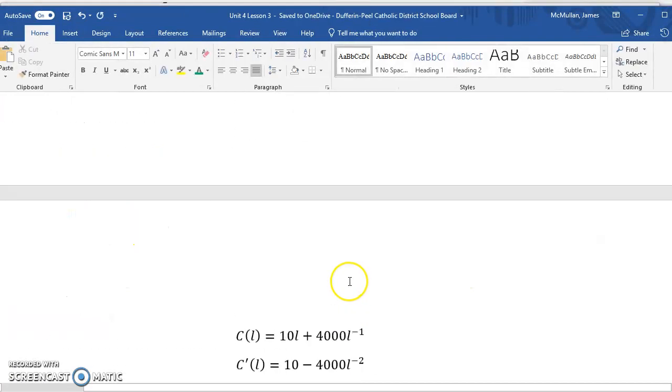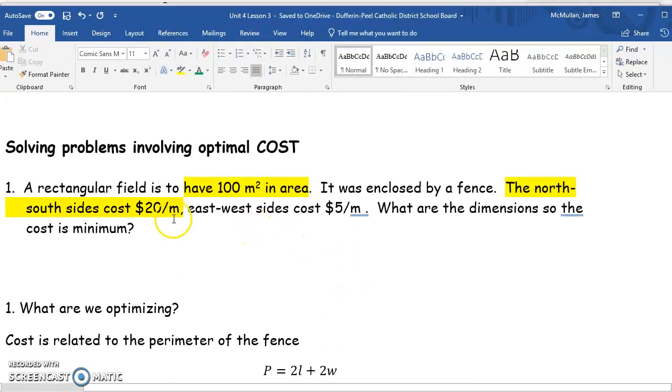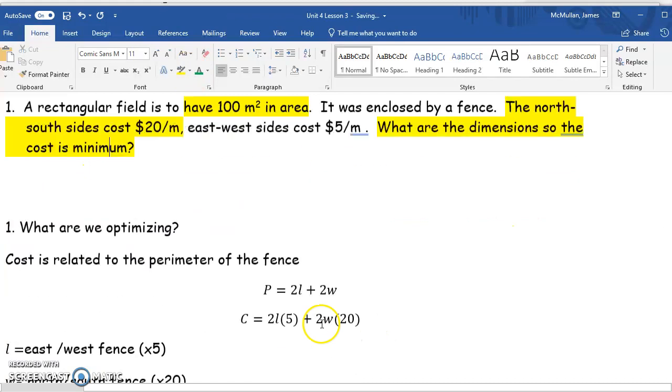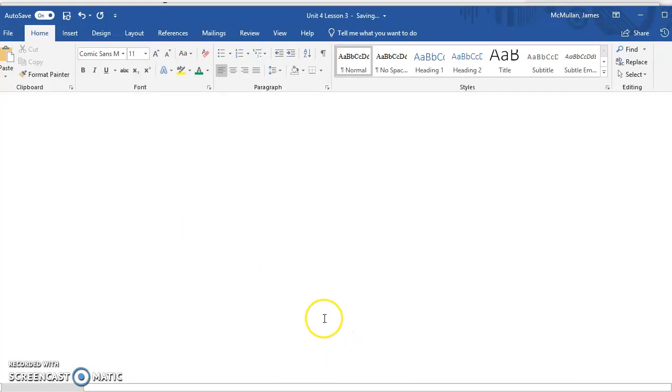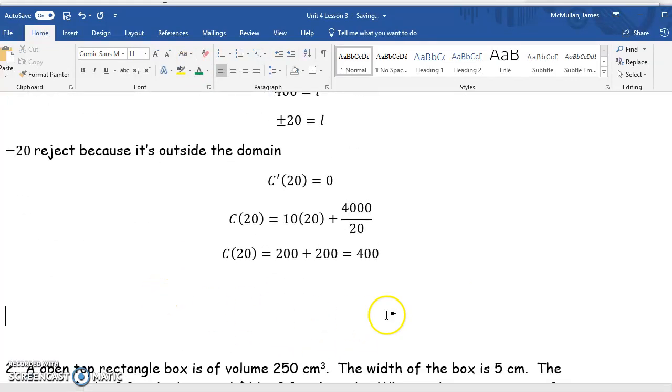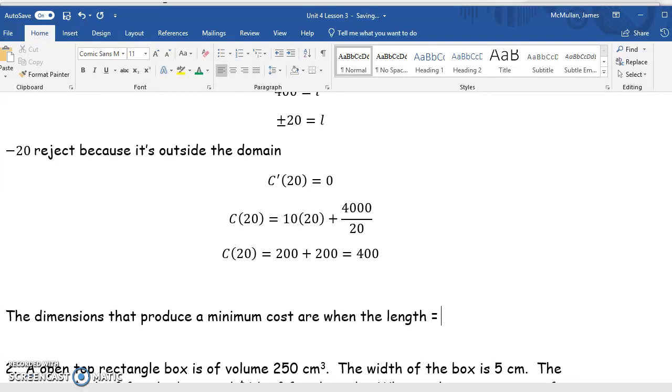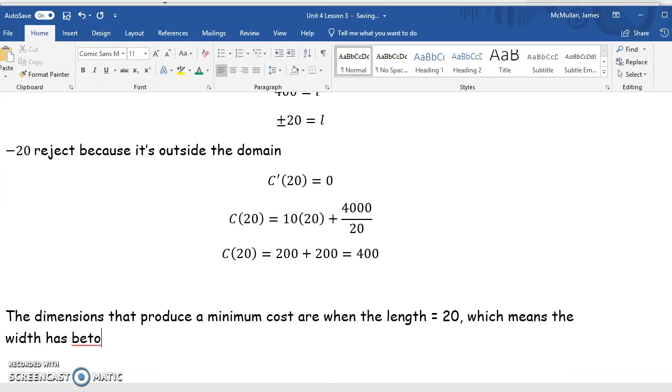Now, as a final step to these questions, I want you to go back and read what it actually says. It says, what are the dimensions so the cost is a minimum? This means we go back and we say the dimensions that produce a minimum cost are when the length is equal to 20, which means the width has to be equal to 5 meters.